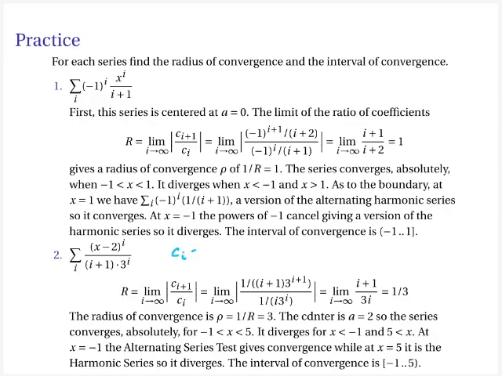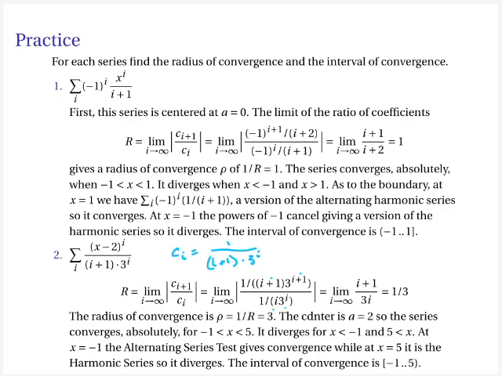C sub I is 1 over I plus 1 times 3 to the I. So c sub I plus 1, we've got an I plus 1 in the bottom and a 3 to the I plus 1 in the bottom. And c sub I has an I and a 3 to the I.